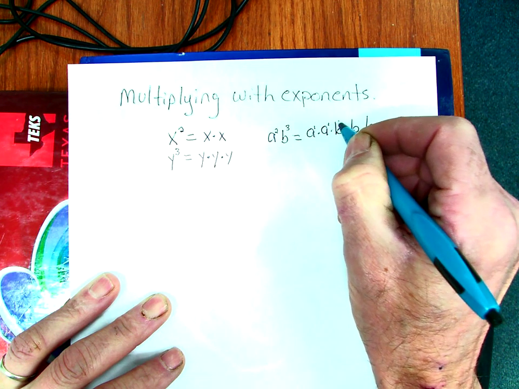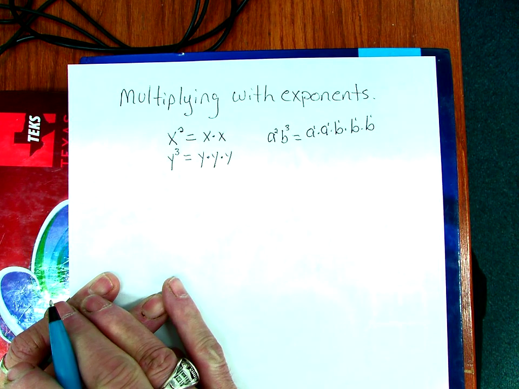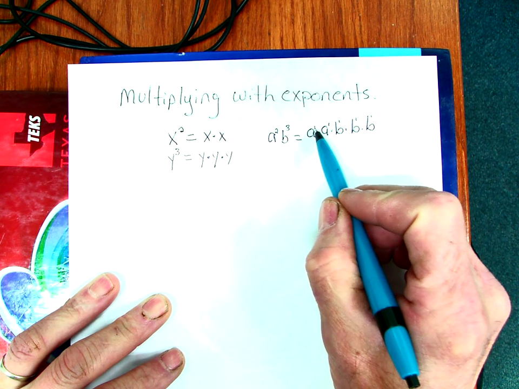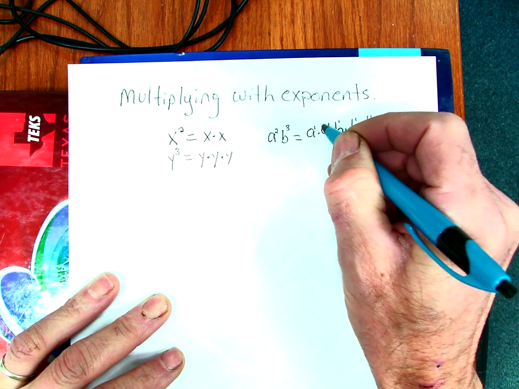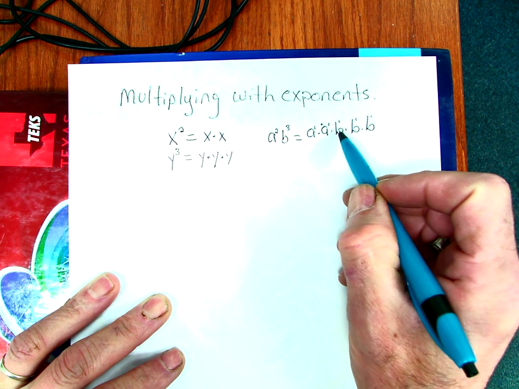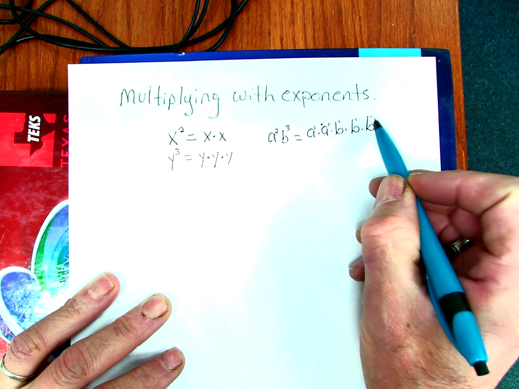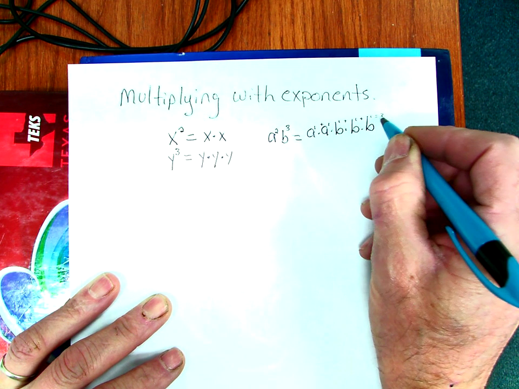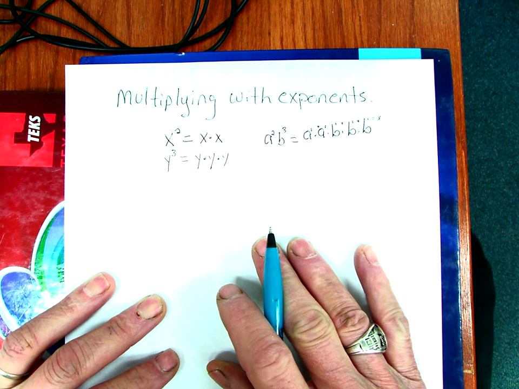And so what is actually happening here when we multiply with exponents? If you look, there are 2 a's. The exponents are 1 and 1, and when you add the 1 and the 1 together, you get 2. For the b's, there's 1 and 1 and 1. 1 plus 1 plus 1 equals 3, so the b's are to the third power.